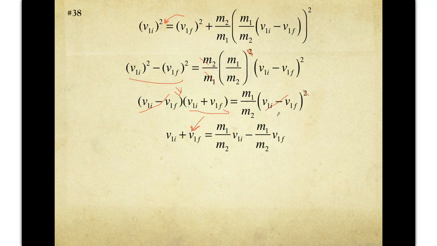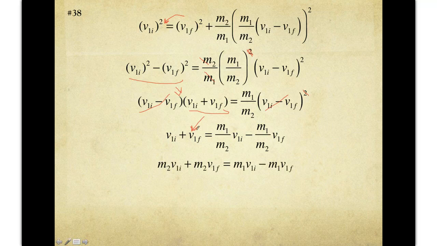And then I just open the brackets and end up with V1 initial minus V1 final. Then that's a number, and that is my variable, and that variable has a factor here and a factor of 1.